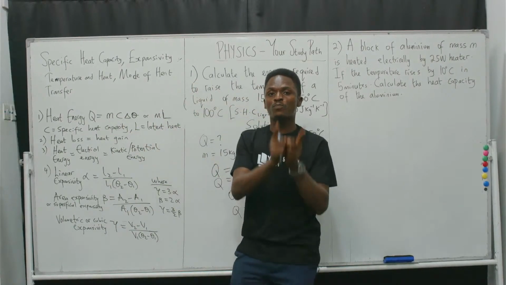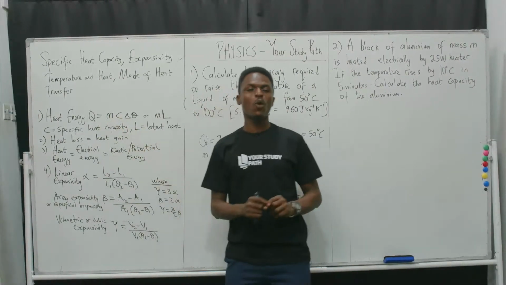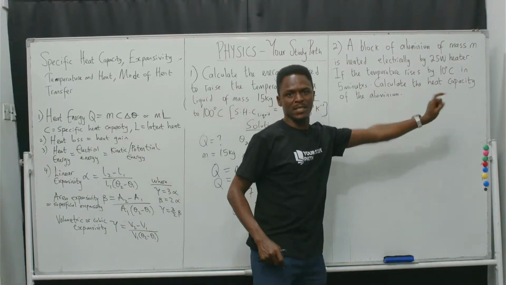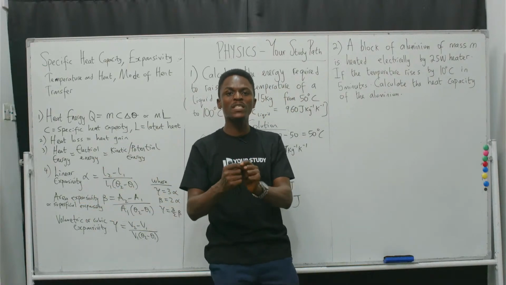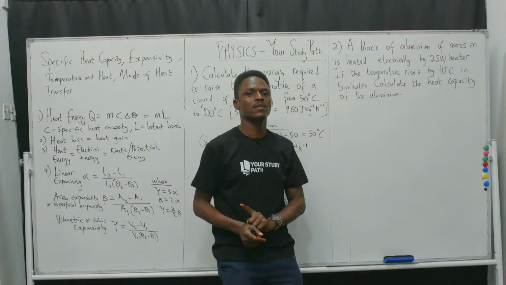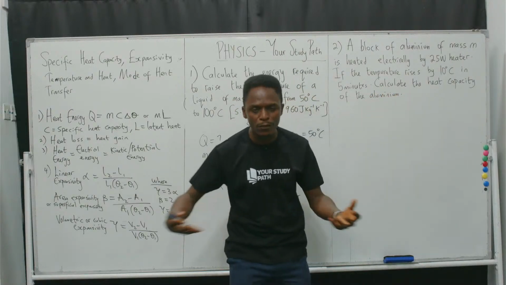The product of your specific heat capacity, alphabet C, and the mass is what we call heat capacity. They are not asking us to calculate the specific heat capacity. Specific means that we are using 1 unit of mass, 1 kilogram of mass. But here now, for heat capacity, it can be any value of mass.